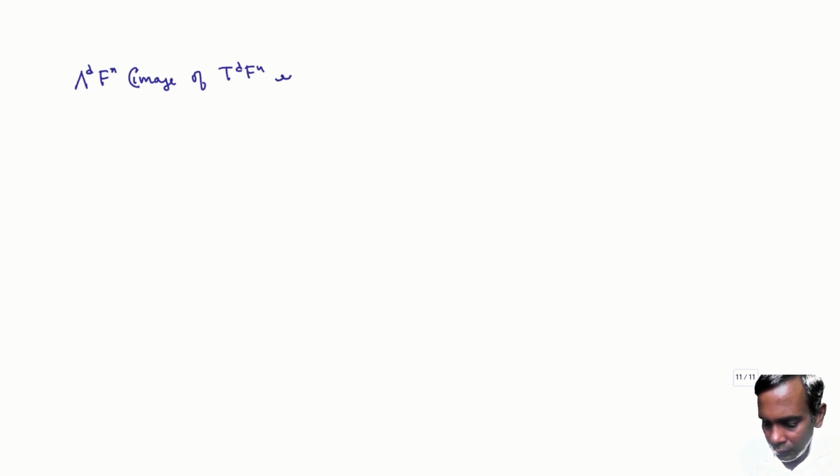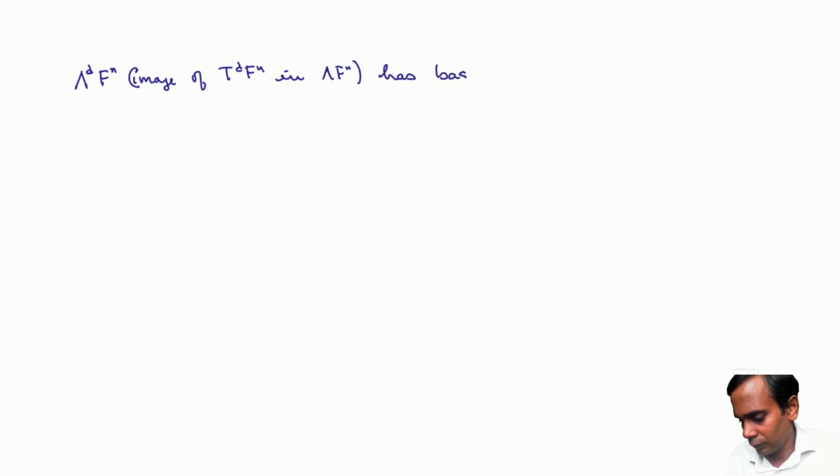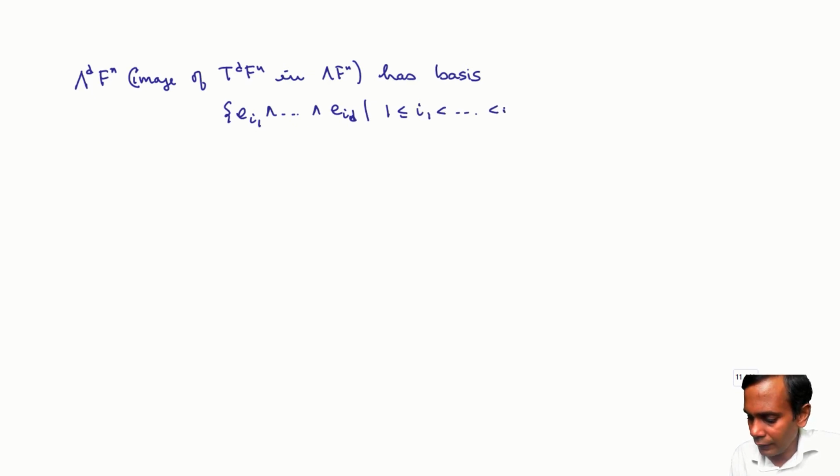Okay, now we are ready to prove the somewhat more difficult result, that the image, so this wedge D F^n, recall, is the image of T^D F^n in wedge F^n, has a basis E_I1 wedge E_ID, where 1 is less than or equal to I1 less than ID less than or equal to N. This we can call a theorem, and we've already seen that this set spans wedge D F^n.